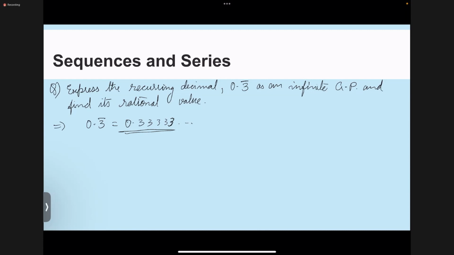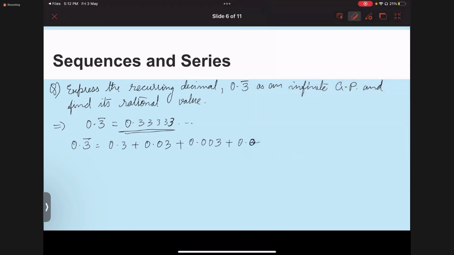So 0.3 bar can be written as 0.3 plus 0.03, and then again the next one will move one more decimal point away, and so on. You can write a few more so you can get the idea of it.